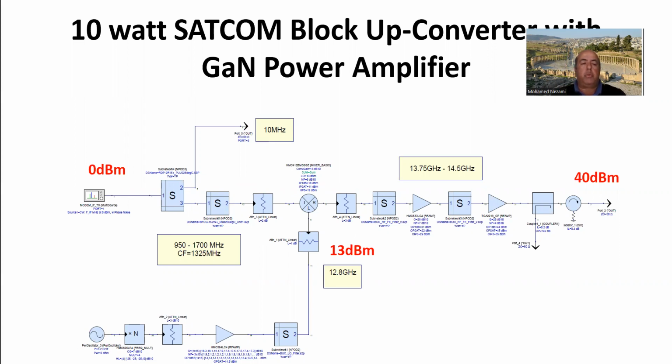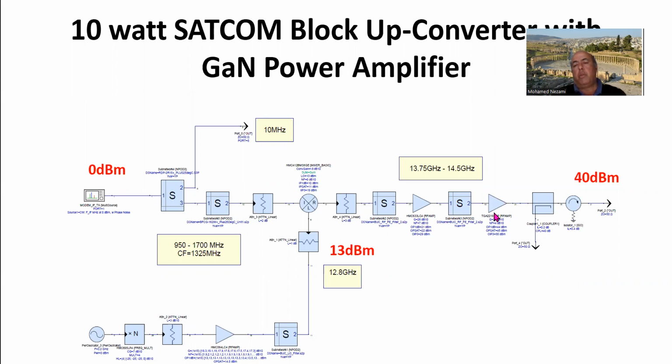You can see here 3.2 gigahertz. We multiply that 4 times with this chip here from Analog Devices, and then we amplify and filter that, and then go into the mixer. We pad down and then filter, and then that's the driver. Filter again to suppress harmonics and other components.